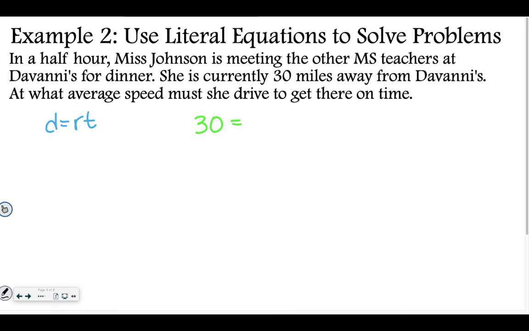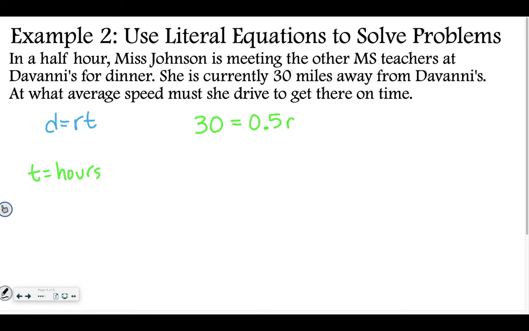And then T represents time. And for time, we generally talk about hours. Okay? But this time I said in half an hour. So I can use 1/2, or you can do 0.5 if that makes you feel more comfortable. 0.5 times whatever that rate is.